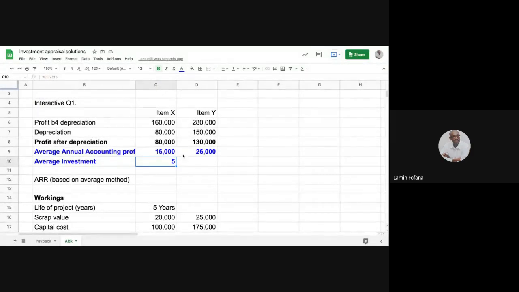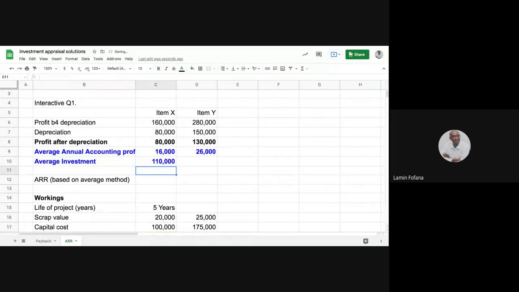Okay, Madeleine, now that you are back, you want to try? Give us the formula. Equals C17 plus C16, then you divide it by 2.